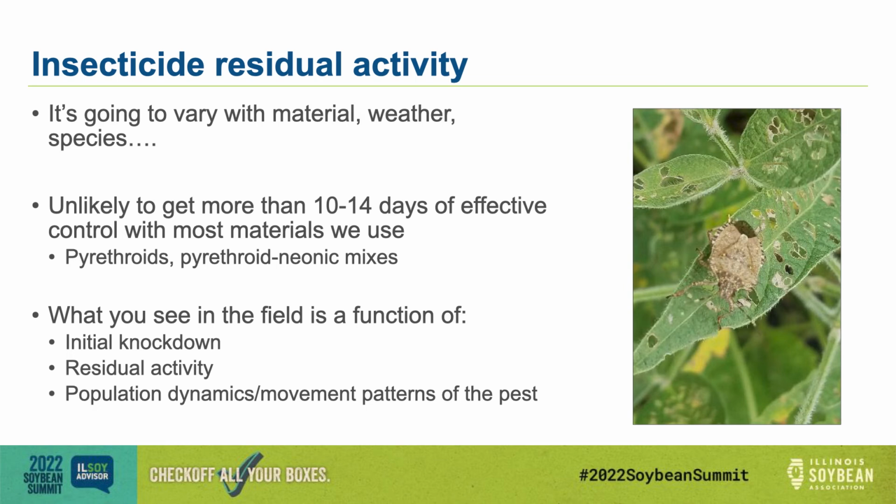But the point of that being, you've got to think when you're putting this application out, not necessarily, am I going to have an insect infestation this year? Like, do I have a good possibility of getting bean leaf beetles or stink bugs or whatever?